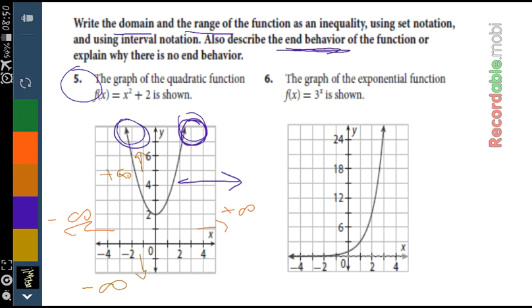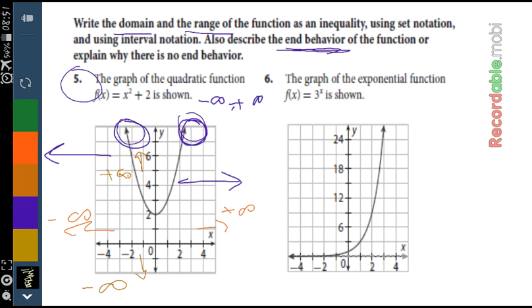And if we look at this arrow going to the left in the x direction, it's going in the negative infinity direction. But if you are going to write the domain, you have to start from the left to the right. So the starting point from the left is negative infinity, comma, the ending point on the right is positive infinity.